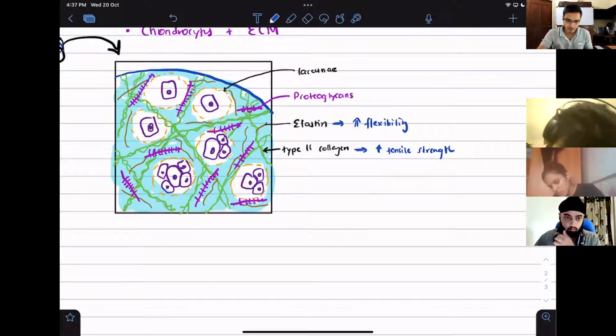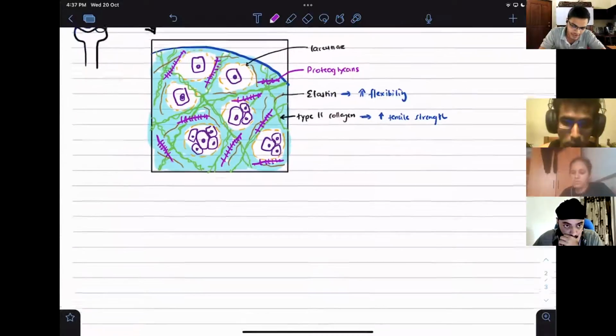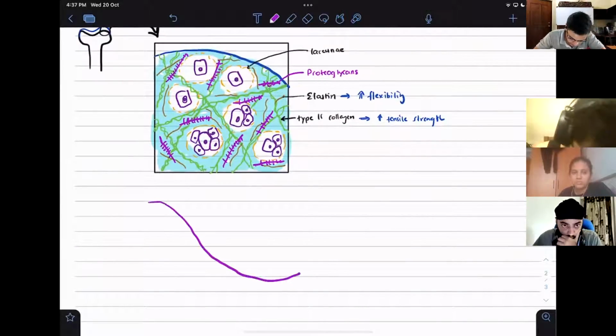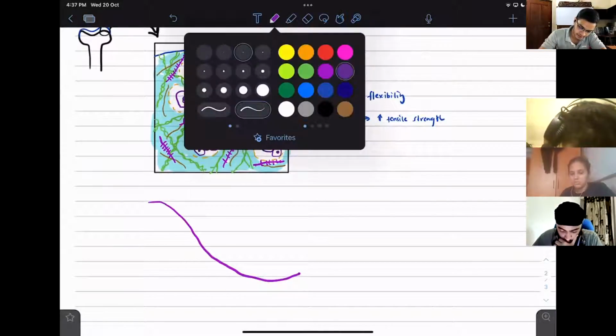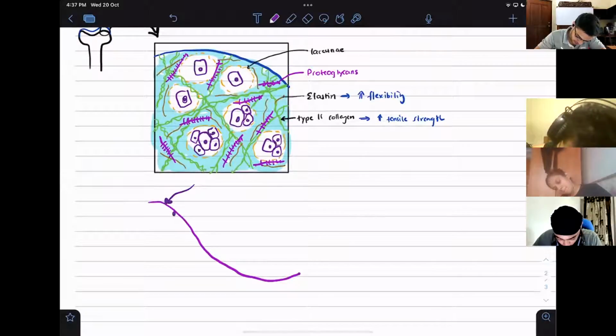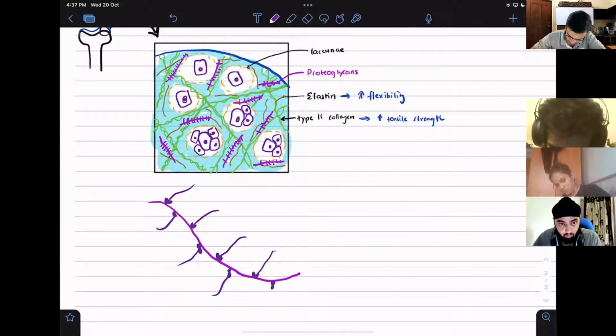Let's look at this proteoglycan, guys, this centipede-like structure. If we actually zoom into it and look, it will look something like this. You all can draw this.